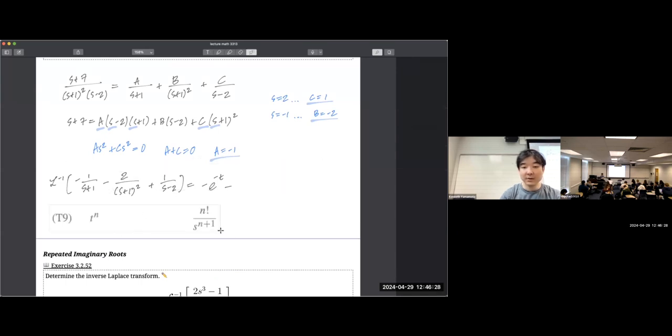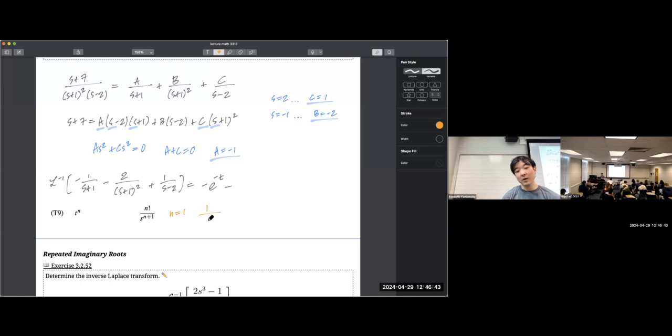So we have this entry on the table. This looks like an s squared, so that means that n must equal 1. If you made n equal to 1, you have 1 factorial, which is just 1, over s squared. So this looks like this, but shifted.